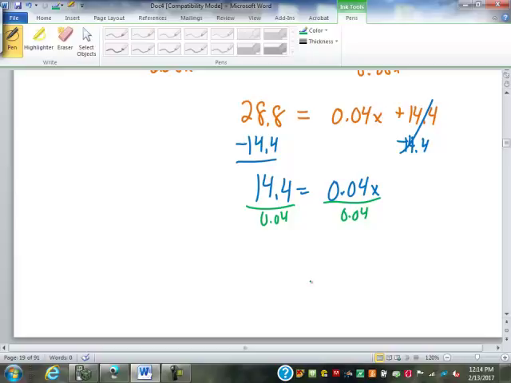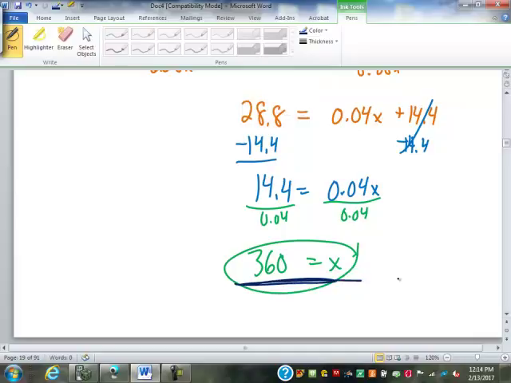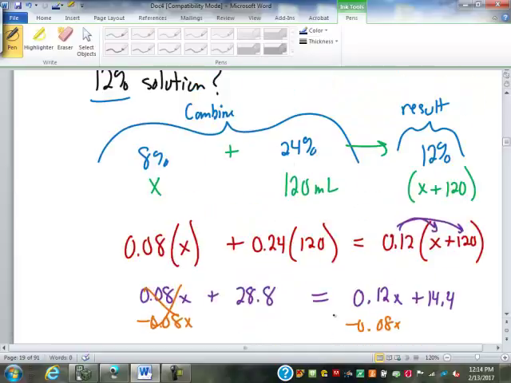If we divide that by 0.04, what do we have? 360 equals x. So what that is telling us, up here, x is describing the amount of 8%, so that's 360 milliliters, and that is what we're asked for, is the amount of the 8%.